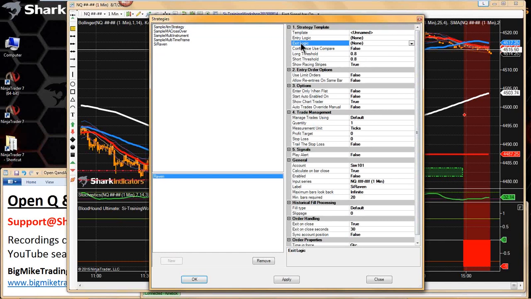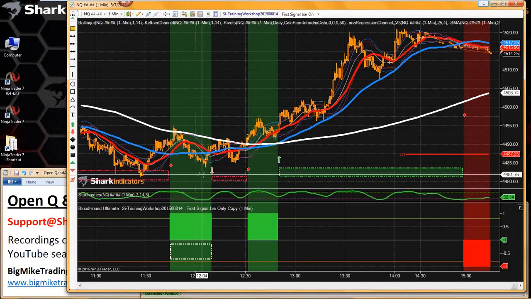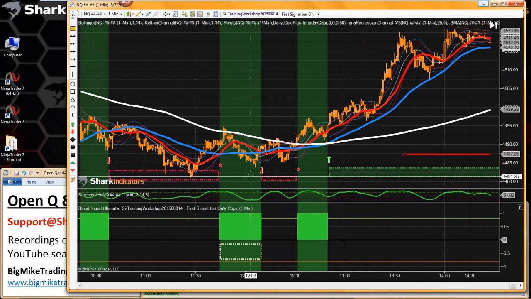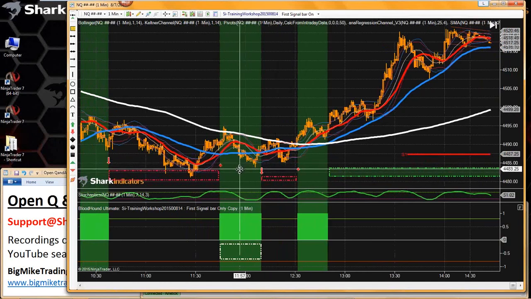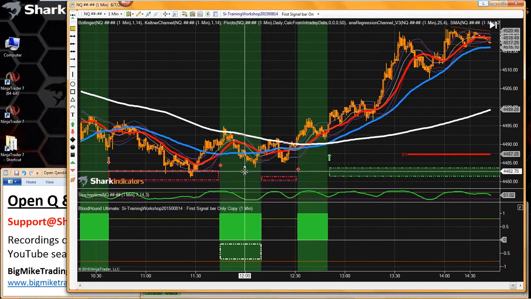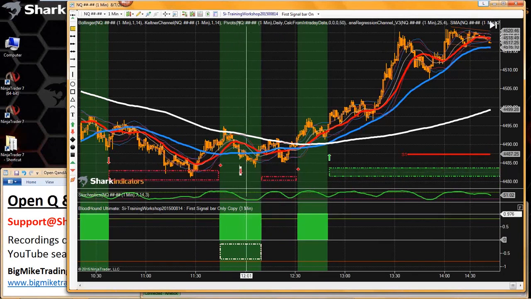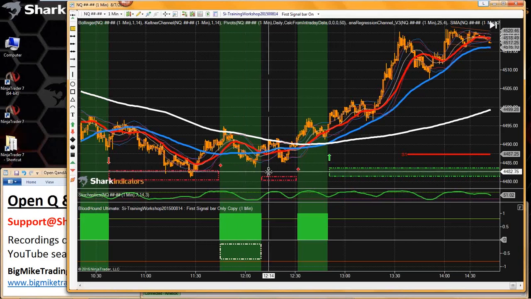It'll never enter a trade, because only entry logics can actually enter a trade. So as an exit signal, you really don't need to clean this up. You'd only need to clean this up if we had a short signal that happened during this exit signal. That's the only time you need to clean that up.